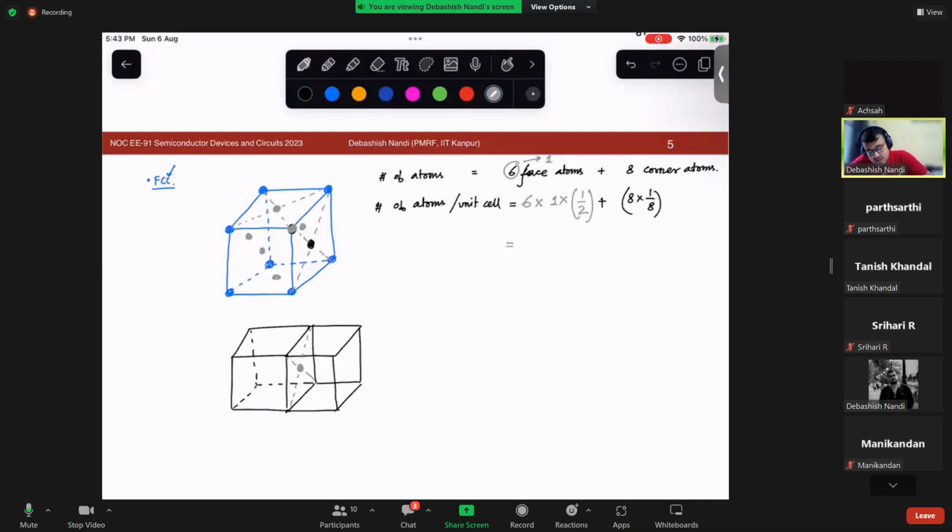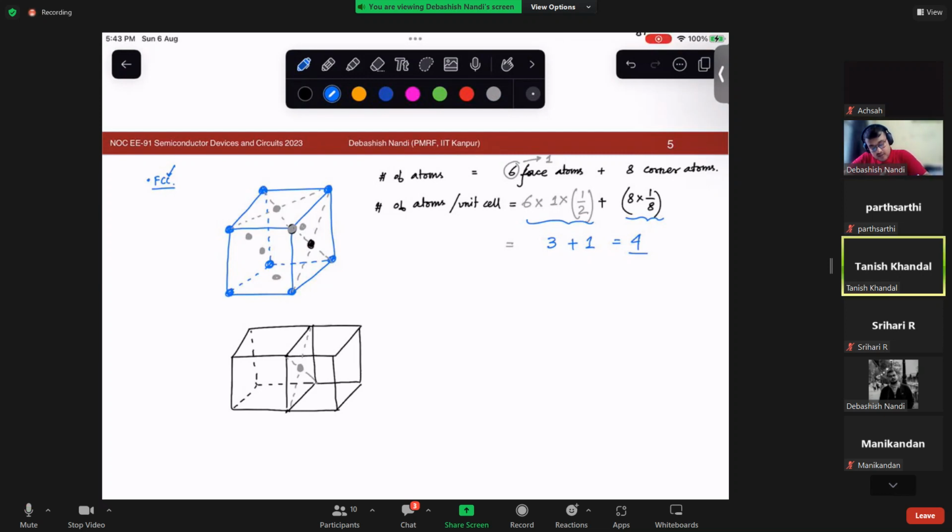What would be the total contribution? Due to the face atoms we have 3 and due to the corner atoms we have 1. So 4 atoms per unit cell for FCC. You understood, right? You will not forget this.